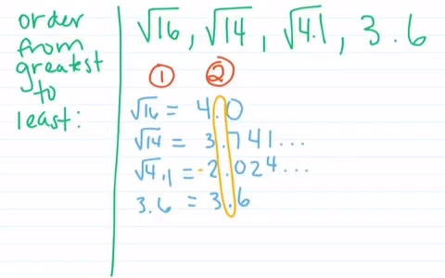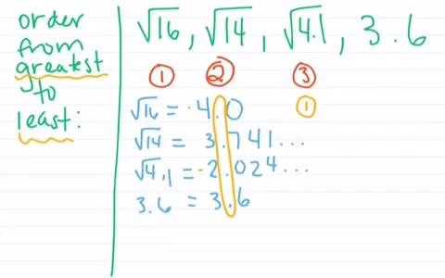But am I comparing from least to greatest? No, I'm comparing from greatest to least. So my greatest number I have over here is a 4. So for step 3, what I like to do, I put a 1 by the side of the number I'm going to list first. So in this case, the greatest number.